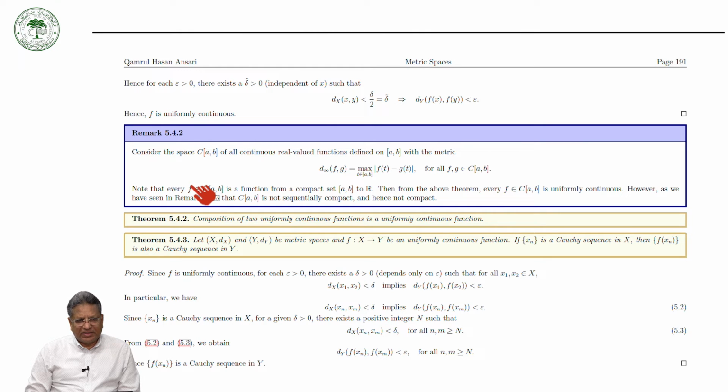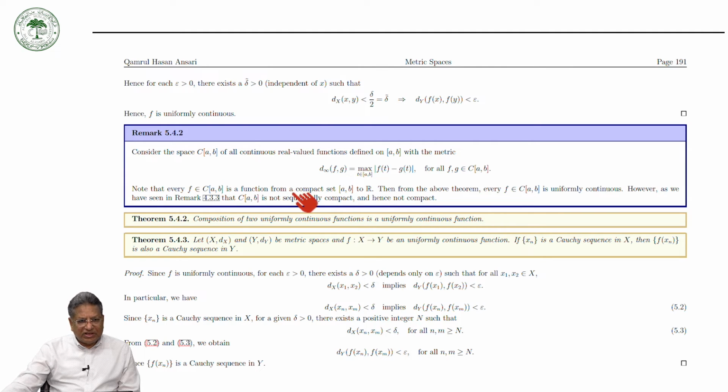So f is a continuous function from a compact set [a,b] to R, and then from the above theorem, every continuous function is uniformly continuous. So the elements of this space are uniformly continuous.